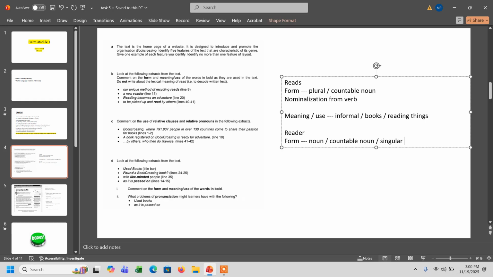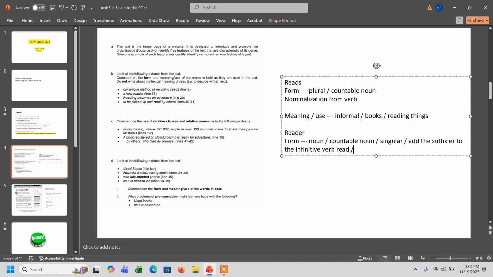It's a reader, so it means adding the suffix er to the infinitive verb read.